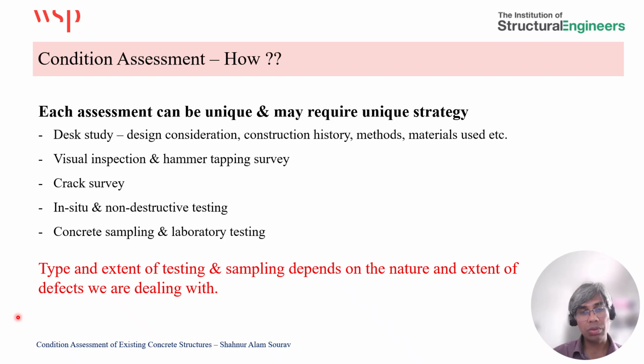We usually start with a desk study, where we try to find information related to design considerations, construction history, methods, materials used in the concrete, and how they were placed in the structures. We do visual inspection and a hammer tapping survey, including a crack survey.